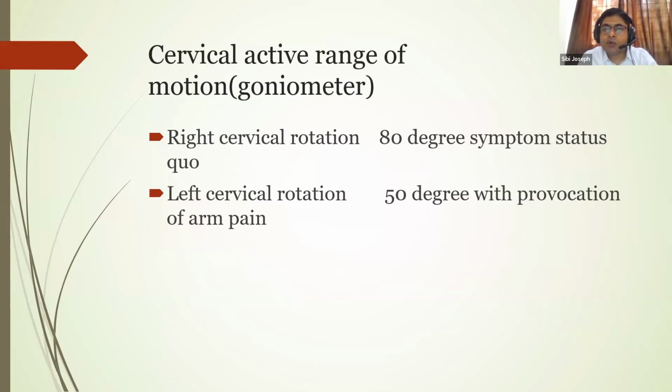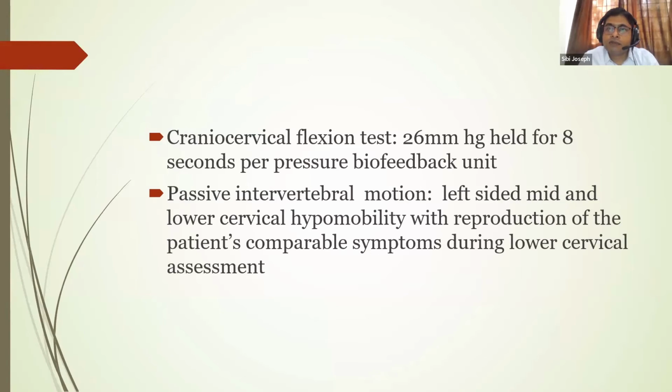Cervical active range of motion: right cervical rotation 80, left cervical rotation 50. Cervical flexion test 26 mmHg held for 8 seconds per pressure biofeedback unit. Passive intervertebral motion: left-sided mid and lower cervical hypermobility with reproduction of the patient's comparable symptoms during lower cervical assessment.